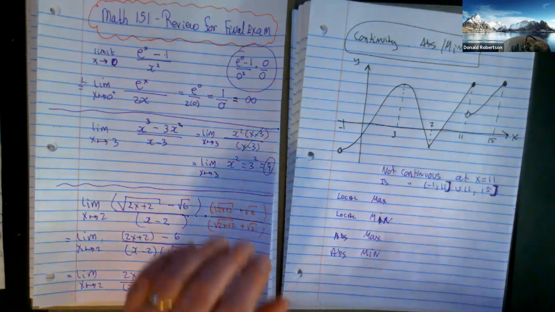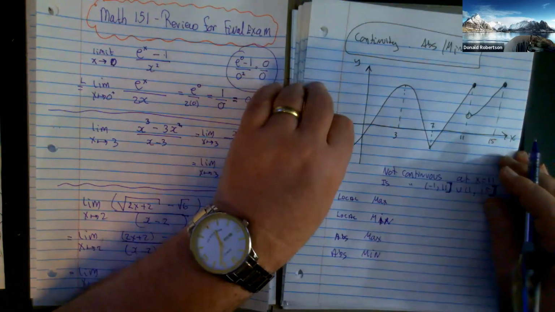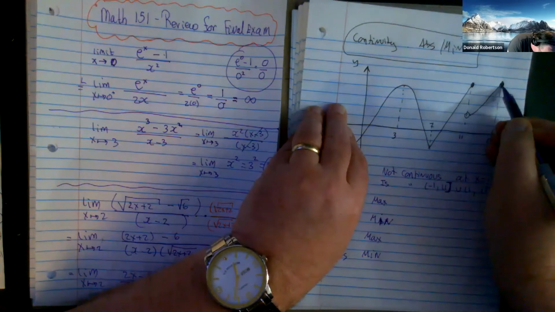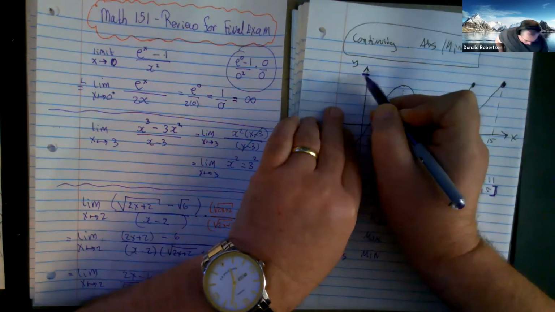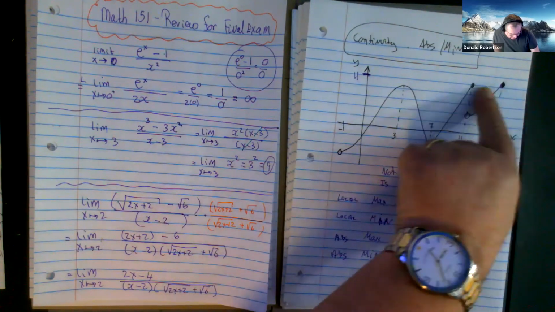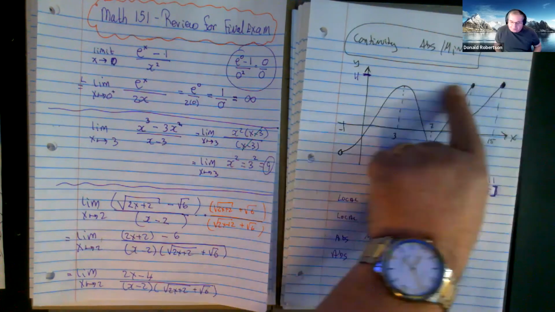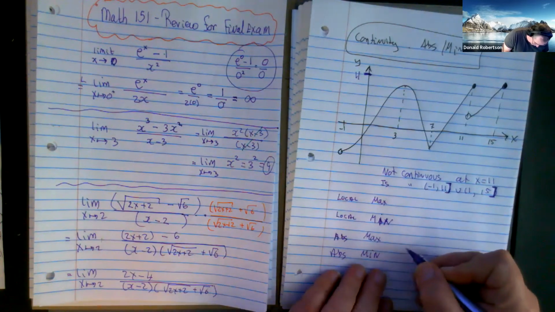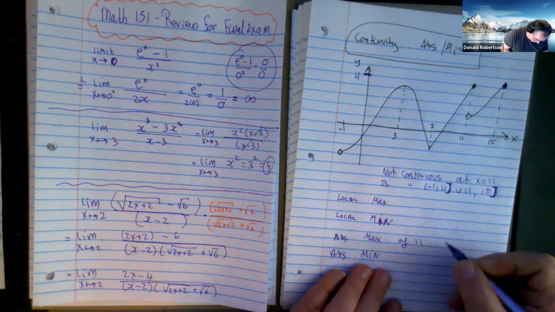In this shape here, I guess I could have done this a little bit better. Can you pretend that value there, both of them, although it doesn't matter for only one of them, are at a height of 11, right? This shape has an absolute maximum of 11.